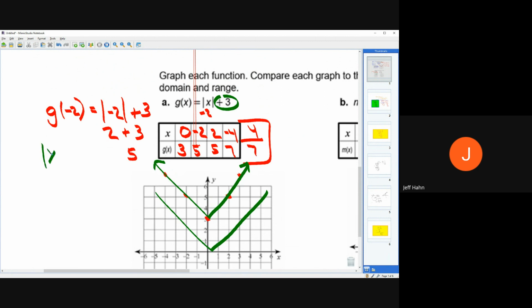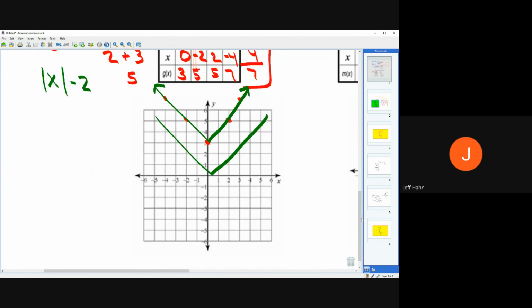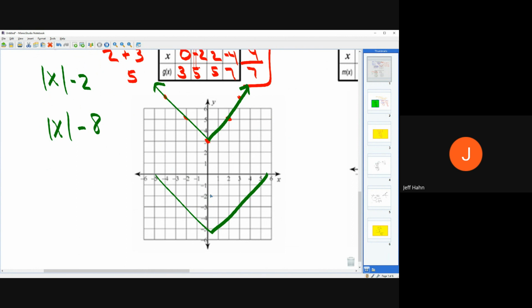If I have the absolute value of x minus 2, the graph of the parent graph is going to shift by 2 horizontally. If it was the absolute value of x minus 8, that means I would come all the way down to the 8 side and do that.